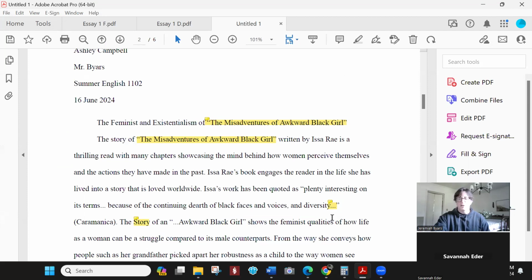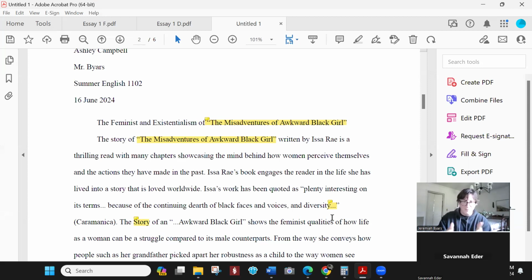You've got to fix your errors because if you score better on essay 2 than you scored on essay 1, I will change your essay 1 grade. I've already discussed this through an email, so you should know this. But in case you didn't read my announcements, if you score better on essay 2 than essay 1, I will change your grade.